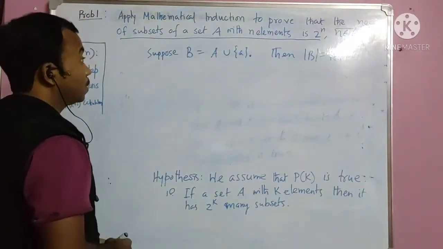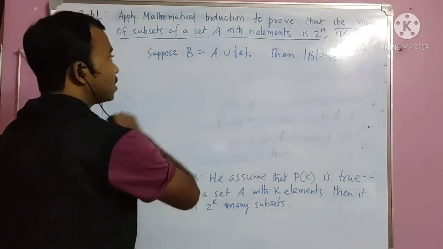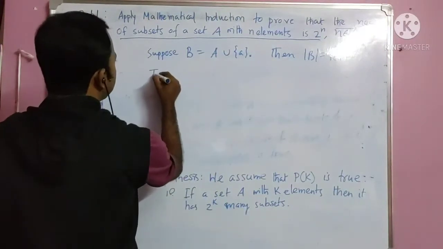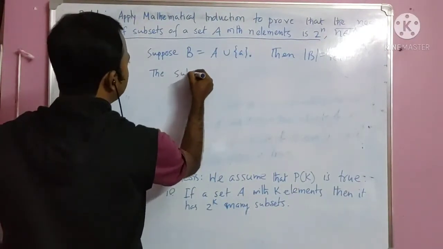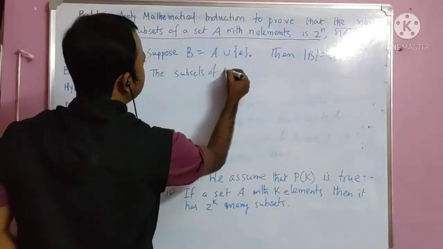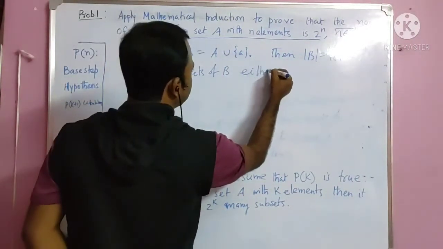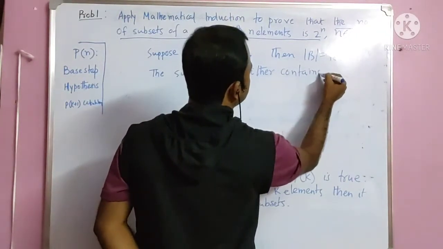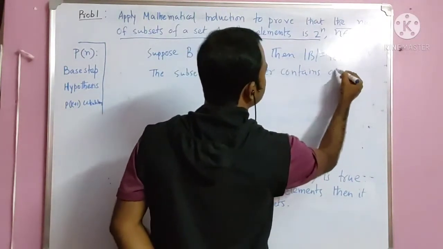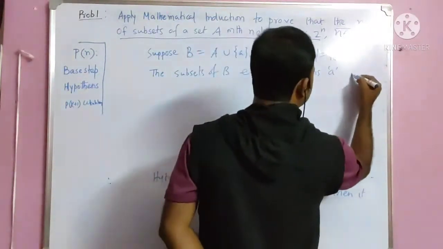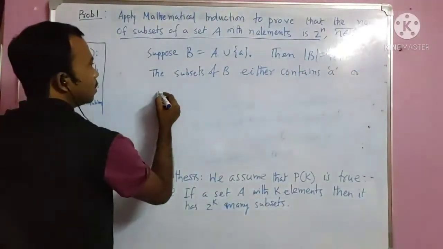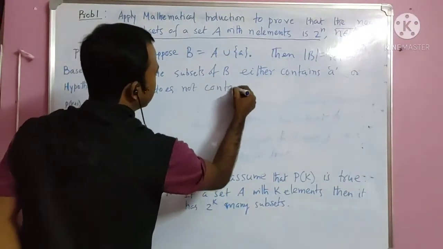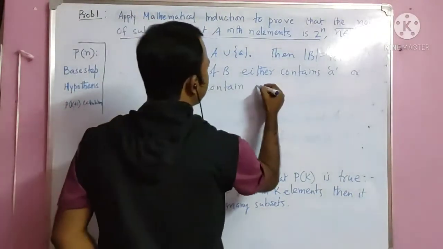Now we are interested in all the subsets of B. Look at how the subsets of B look. A subset of B either contains this extra element or does not contain it.